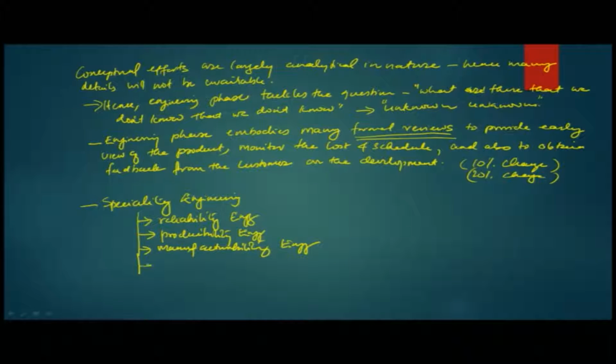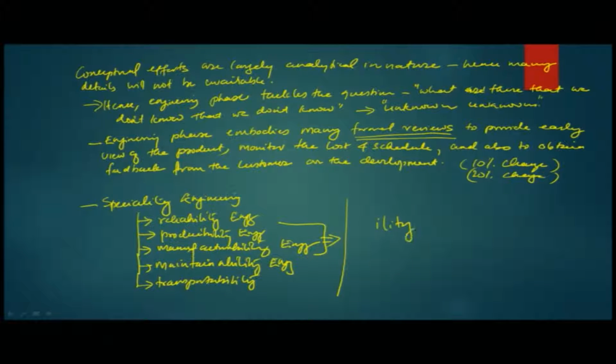Then there is maintainability engineering. These two are kind of the same, but maintainability engineering is different. Then you have transportability, and so on. Usually these are called the elite engineering, the specialty engineering.